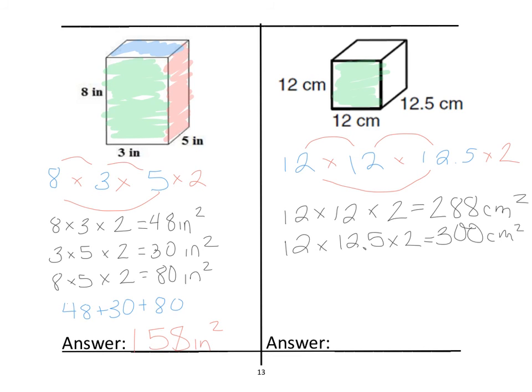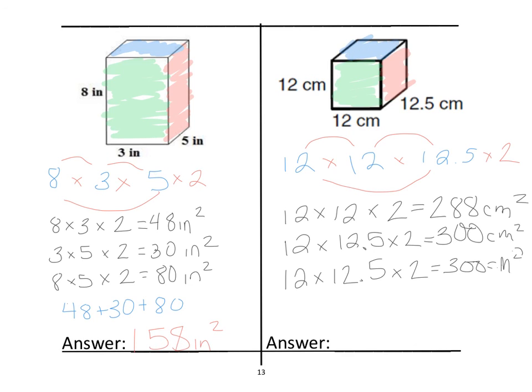And we can see that is over here. And then last is 12 times 12.5 times 2, which is 300 centimeters squared. And we know that that's going to be this face, top and bottom.